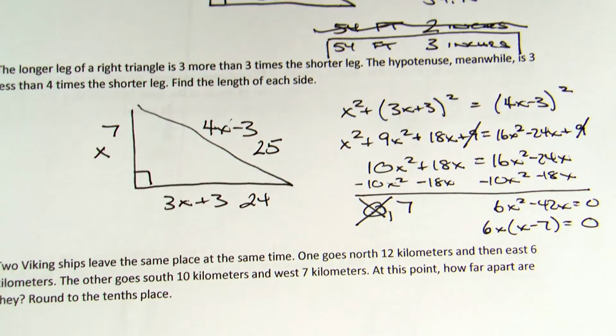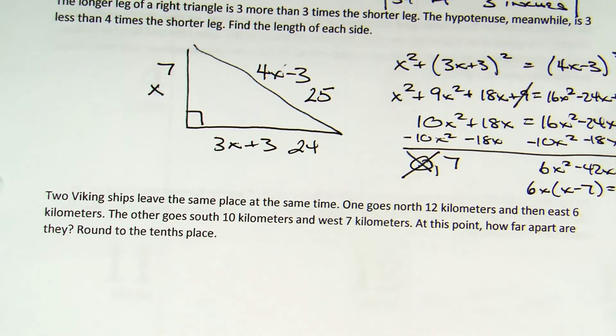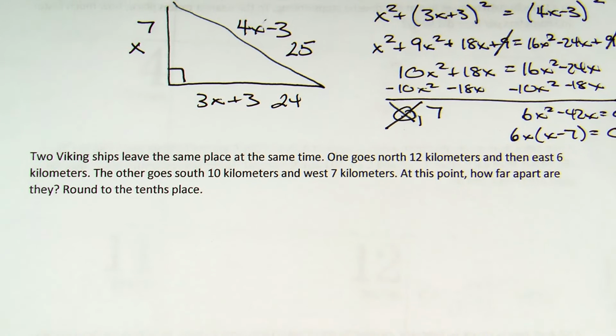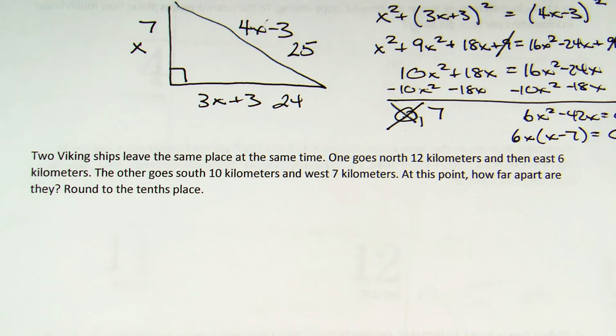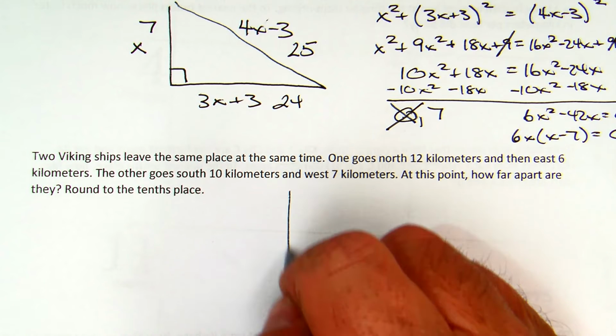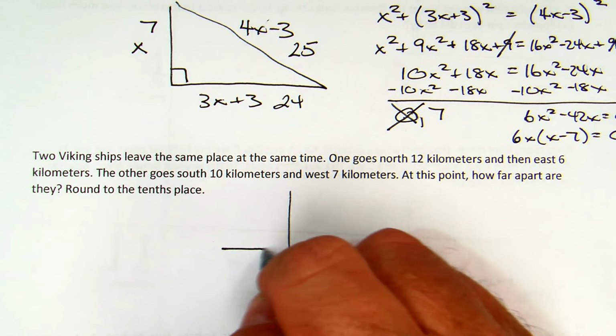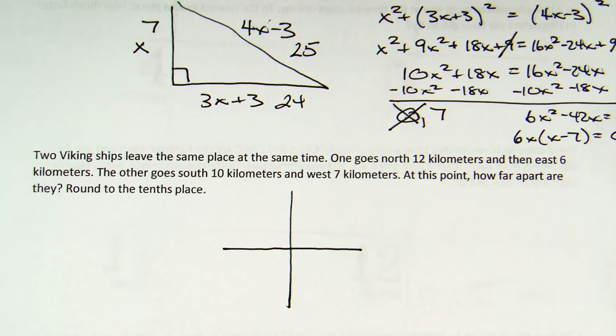2 Viking ships leave the same place at the same time. One goes north 12 kilometers and then east 6 kilometers. The other goes south 10 kilometers and west 7 kilometers. At this point, how far apart are they? What we're going to assume is they form a straight line.